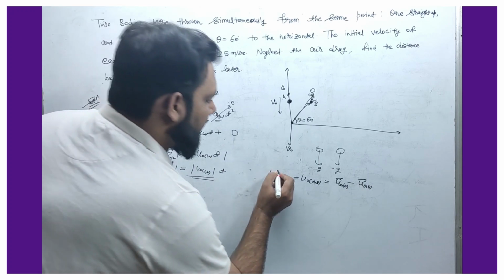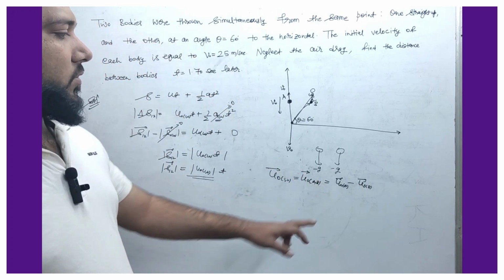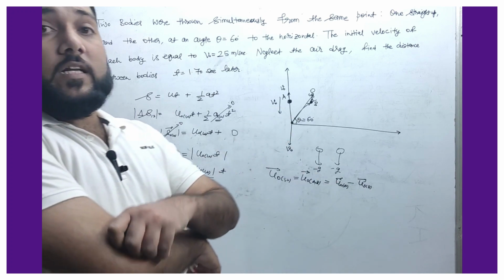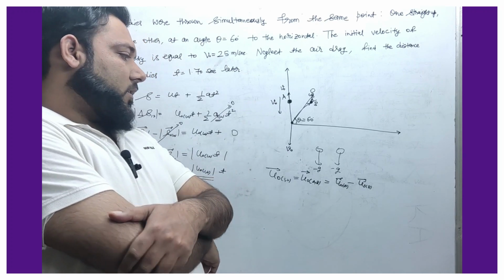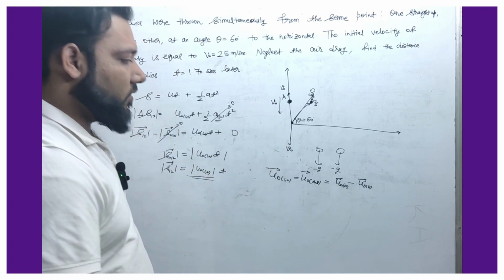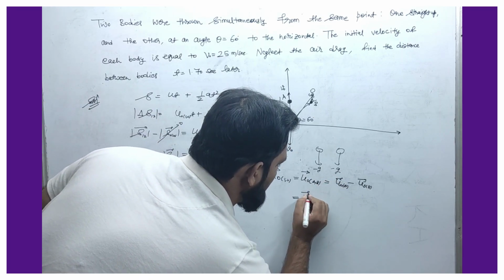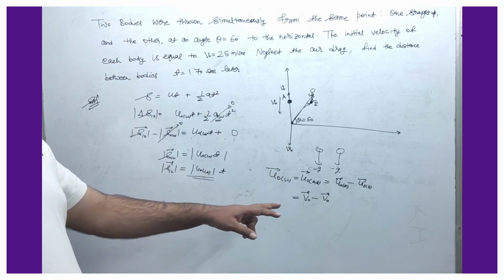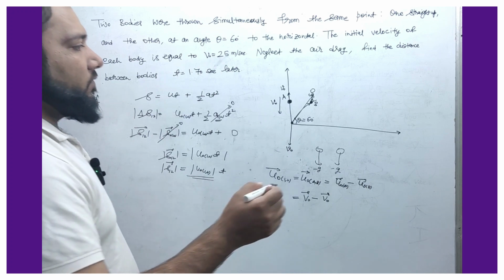Because velocity is a vector quantity. Is it okay guys? Now we know the magnitude of these two velocities, that is v naught, the initial velocities. So now I am writing down v naught minus v naught, but their direction is different.